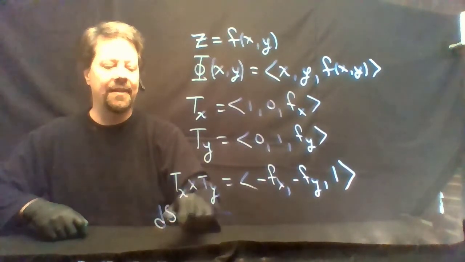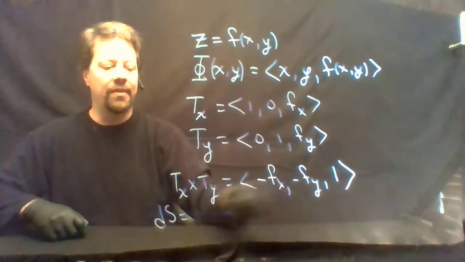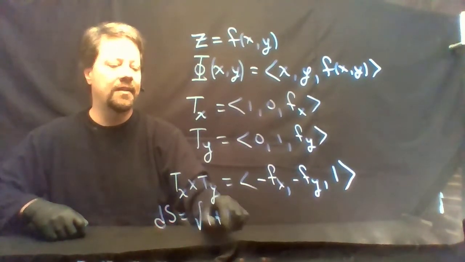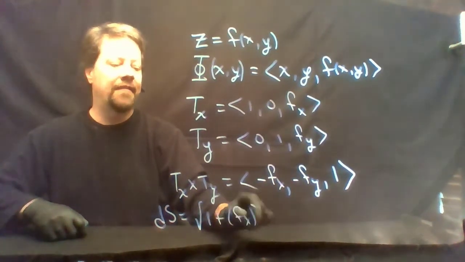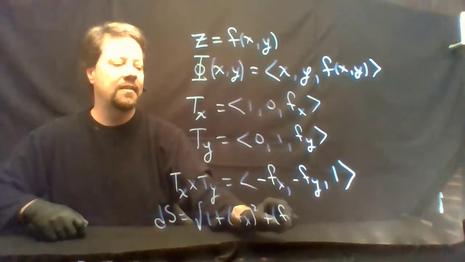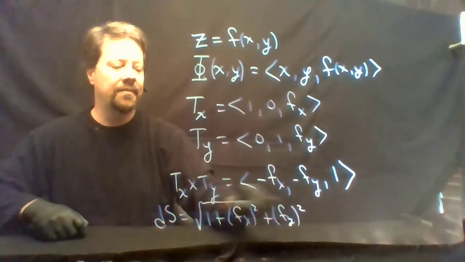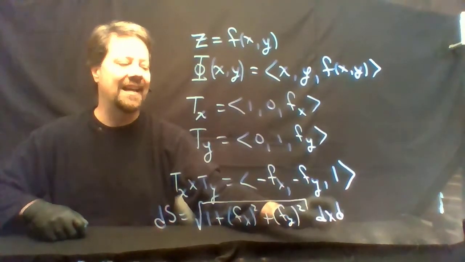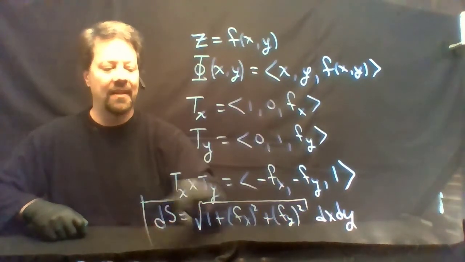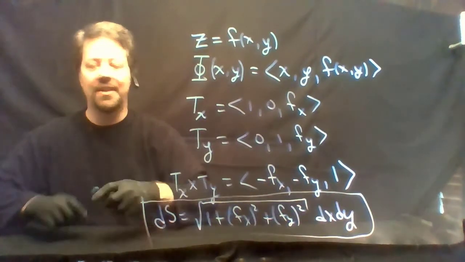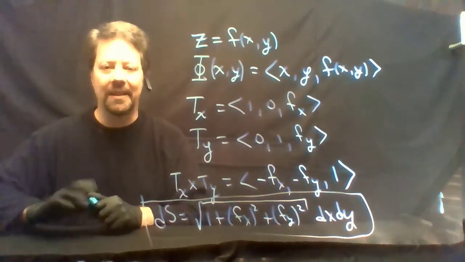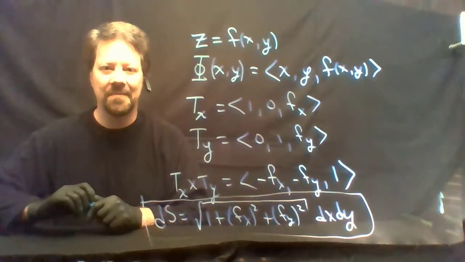The surface element then will be calculated with the norm. That's the square root of 1 plus fx squared plus fy squared, all times dx dy. This is the formula you need to know. It will speed things up a little bit in some cases.